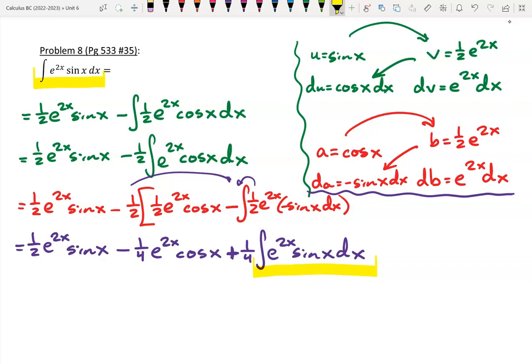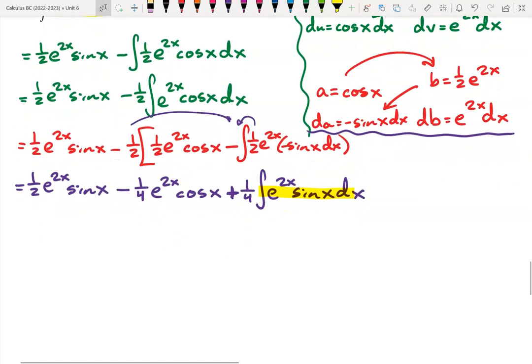But since sine and cosine hop back and forth between each other, eventually you should end up with something here that is identical to what you started with. And that is the key to fully completing this problem.